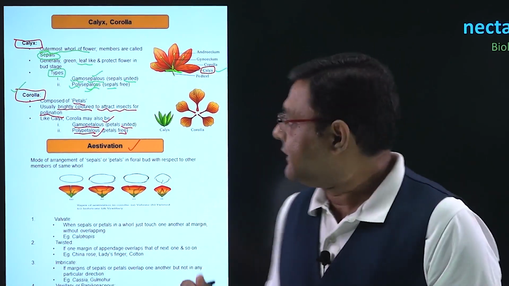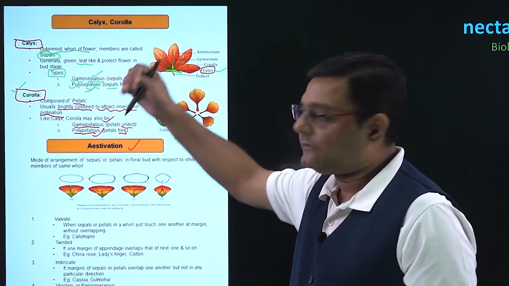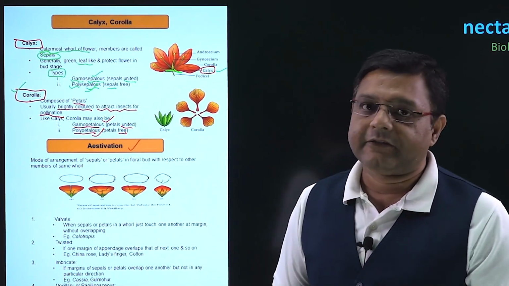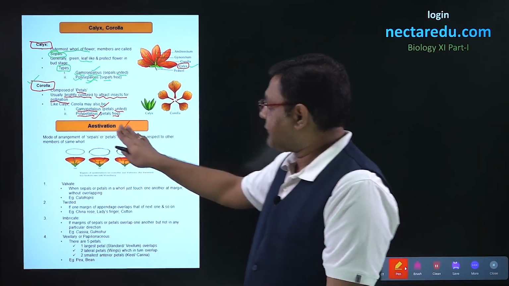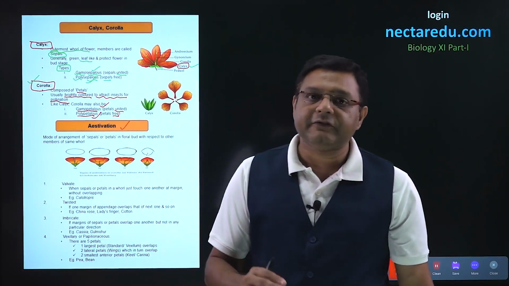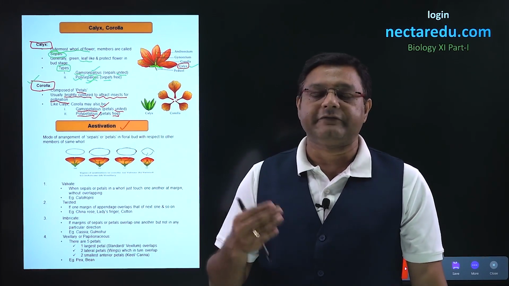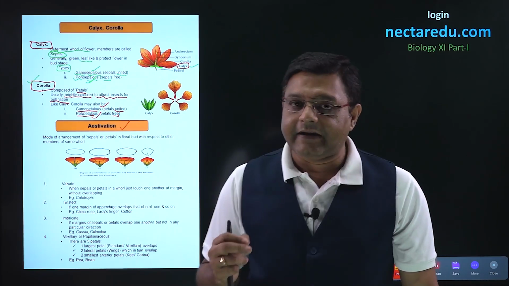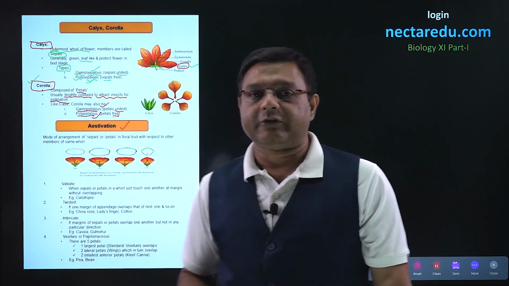After covering the sepal part and the petal part, we come to a related topic and that is estivation. Now, estivation means the mode of arrangement of sepals with respect to each other, or the mode of arrangement of petals with respect to each other.